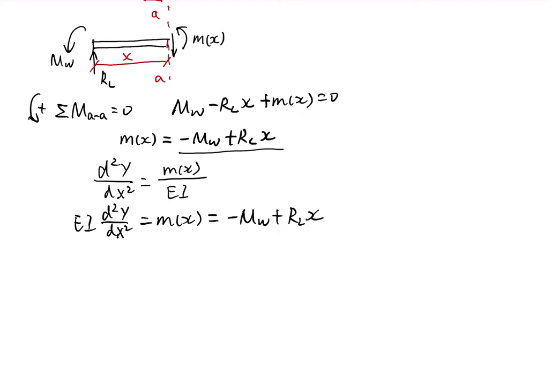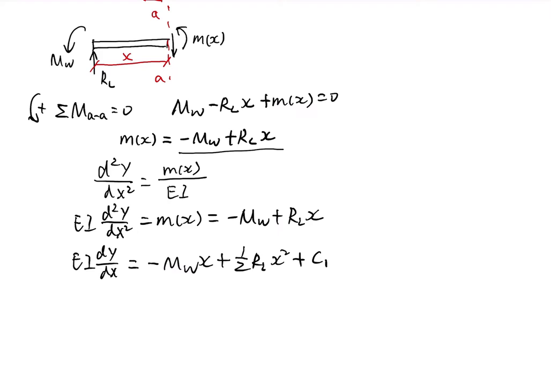So first integration, we do it on both sides of this equation. We will have EI dy over dx equal to negative MW x plus 1 over 2 RL x squared, plus a constant C1. And we do second integration.